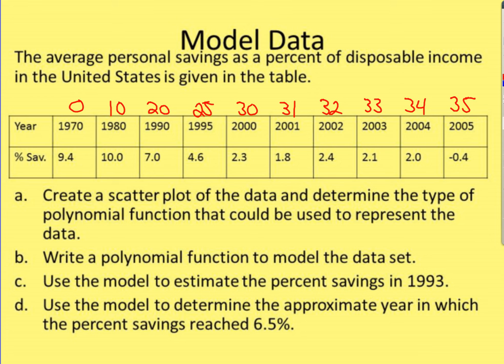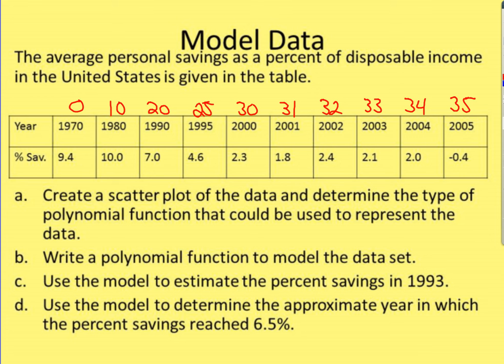Remember to put values into your list. You're going to hit the Stat button, then select Edit, and then you'll put the values into list 1 and the values into list 2. Once you have your two lists in your calculator, you need to make sure your stat plot is turned on. So you're going to hit second, Y equals.